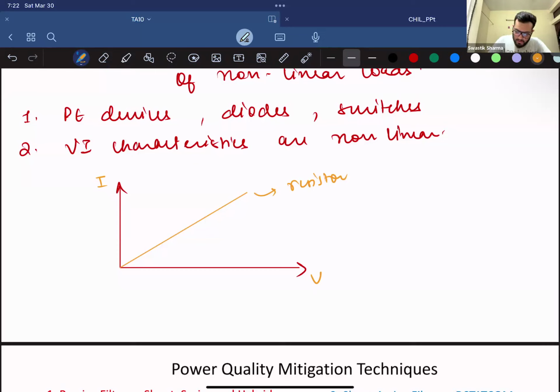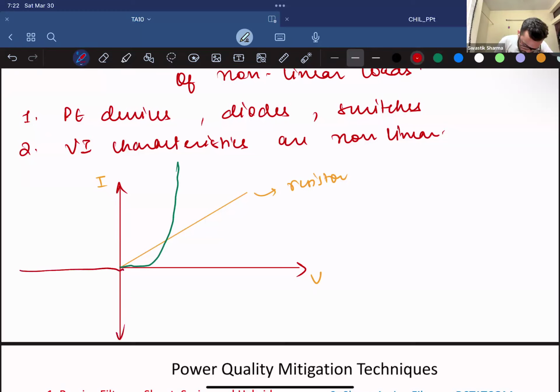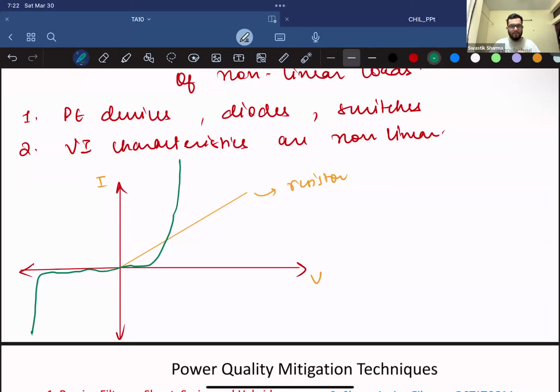But when diodes came, your diode had something like this, and you could draw the other side as well. This kind of graph is nonlinear in nature because at one point the current is not varying proportionally to the voltage, but with some voltage increase, the current is increasing exponentially.